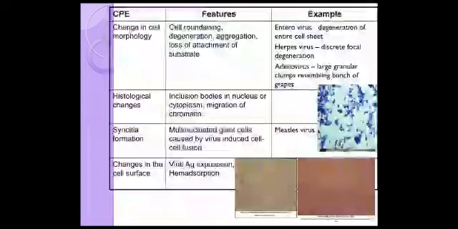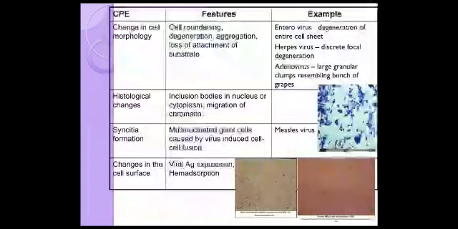One of the features is cell rounding, degeneration, aggregation, or loss of attachment to substrate. To give you examples, if you have a sample which contains enteroviruses and you inoculate it into the monolayer of cell lines, you will see that the entire cell sheet gets degenerated. Whereas herpes virus will have discrete focal degeneration.